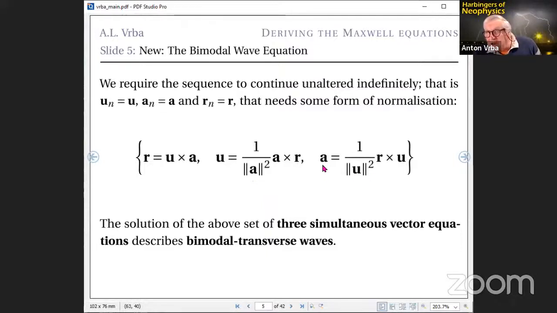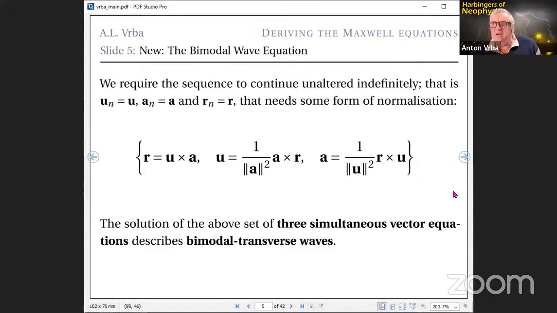And similarly with the last equation: a equals 1 over u squared, r cross u. The solution of these three simultaneous vector equations describes what are called bimodal transverse waves.